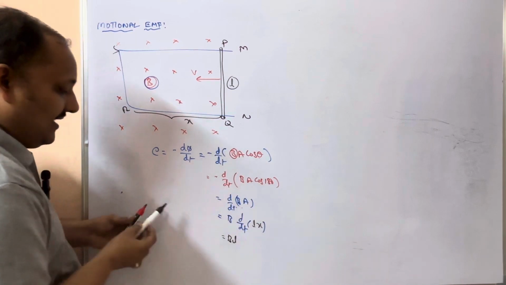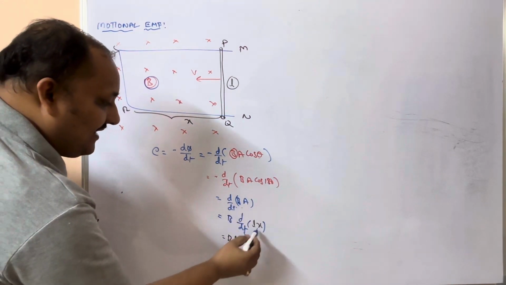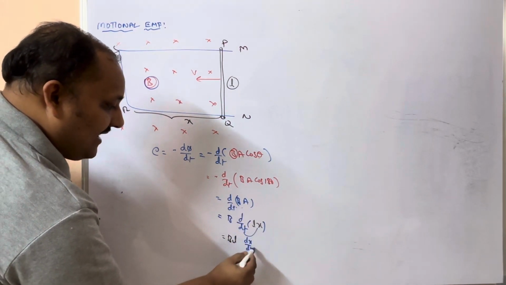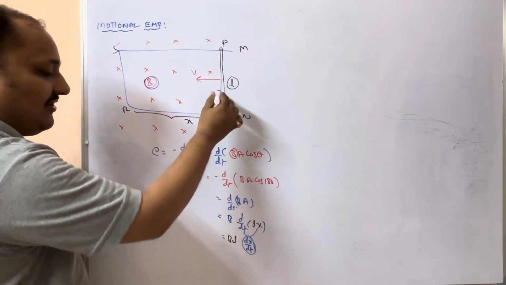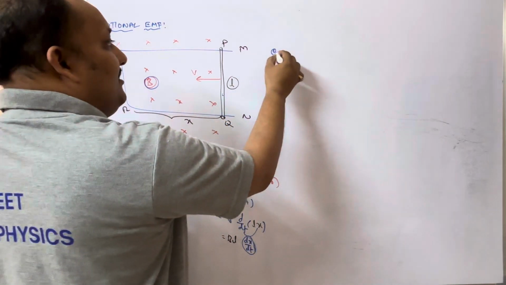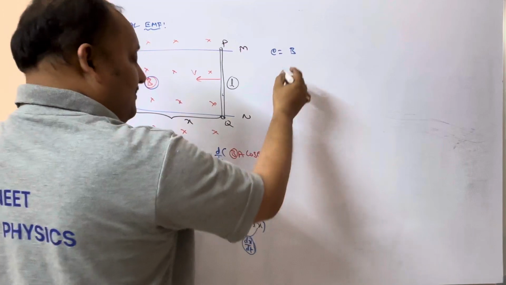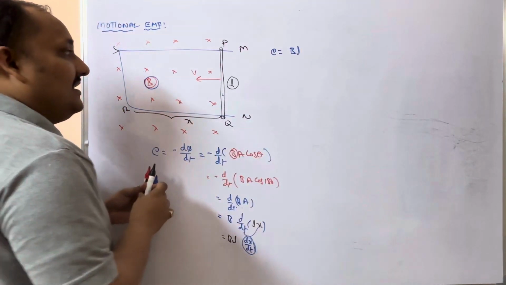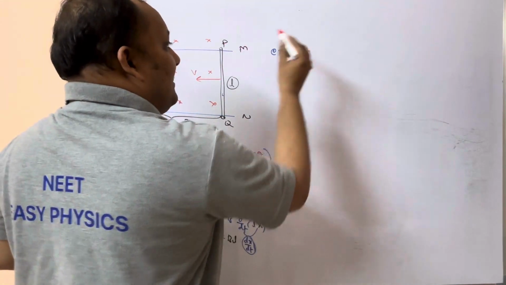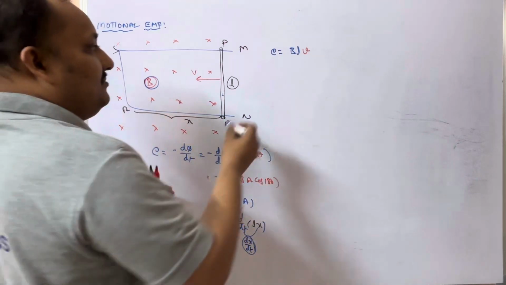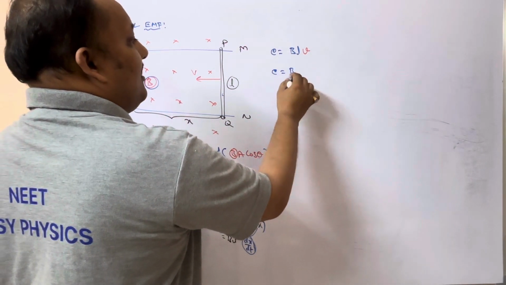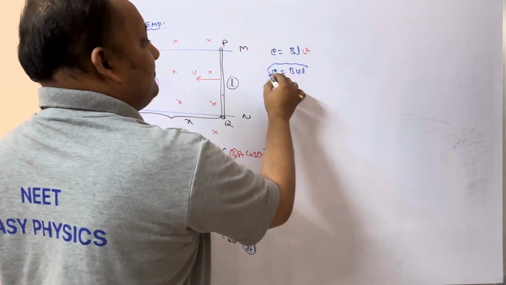So B L times dx by dt, which we can write as the velocity of this conductor. Therefore, induced EMF E is equal to B L times the velocity of the conductor V. Therefore, simply we call it BVL.